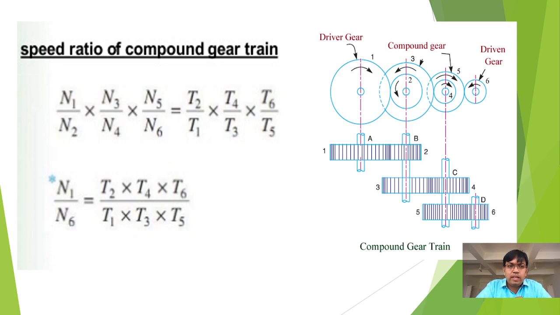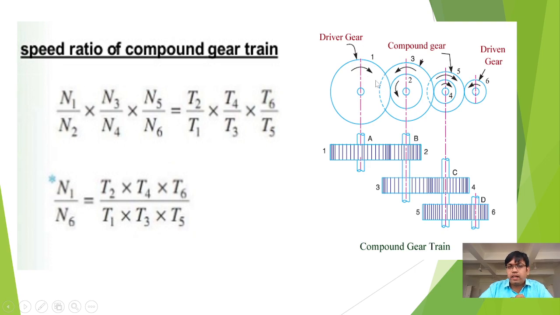Now, for this combination, if you would like to calculate the speed ratio, as I told you, the definition of speed ratio is the ratio of the speed of the driver gear to the driven gear. In this combination, the driver gear 1 is meshed with 2.